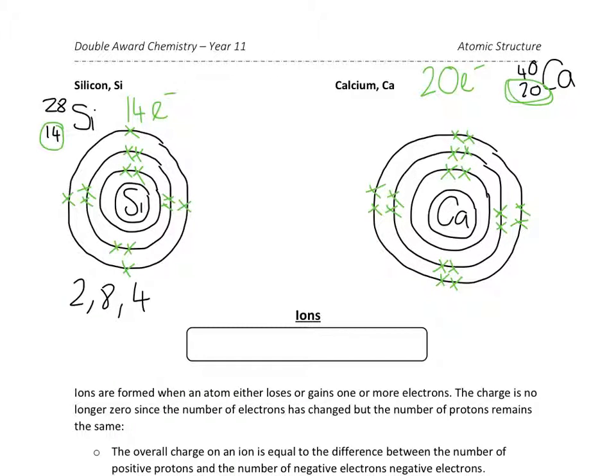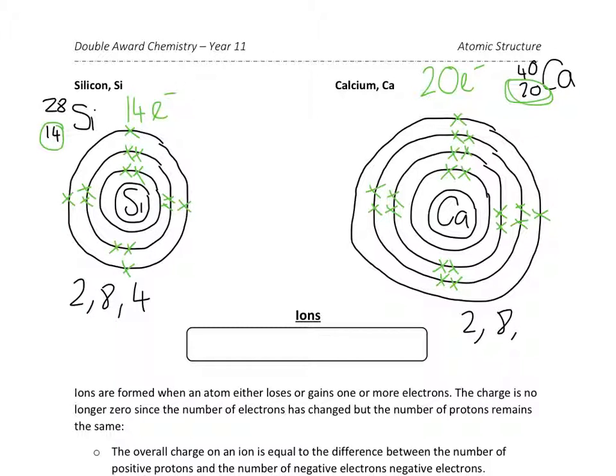So that's now 18 electrons I'm up at, 2 in my first shell, 8 in my next shell, 8 in my third shell. And so in my last shell, I need 2 more. And again, they only pair up when they have to, so I put 1 at north and then 1 at east. And so my written form of my electronic configuration this time is going to be 2, 8, 8, 2.